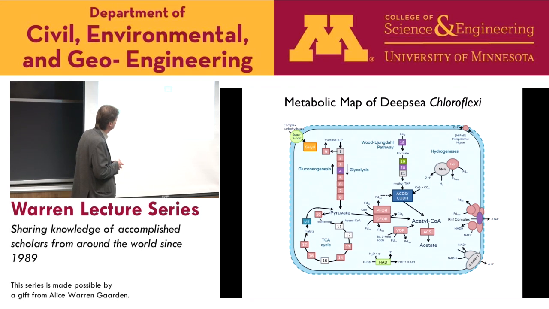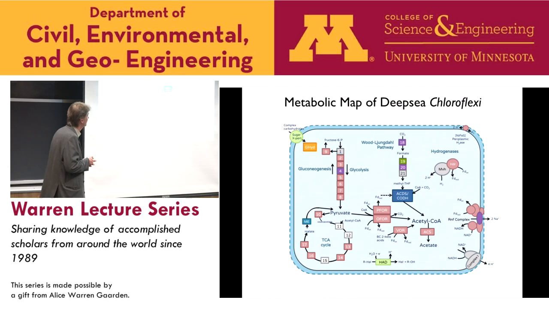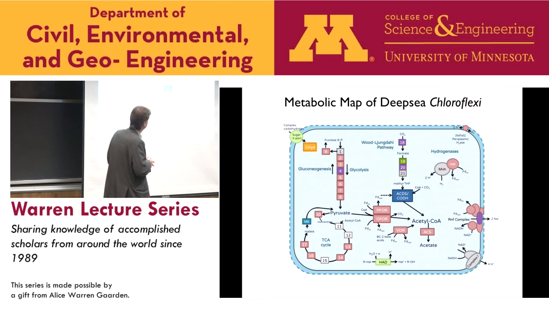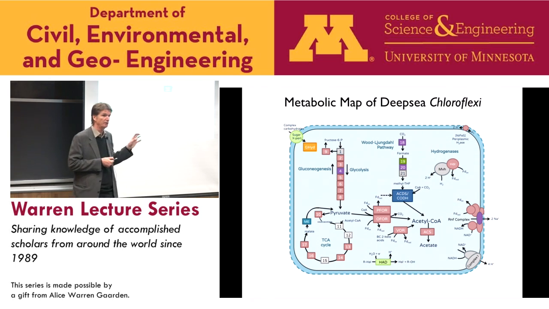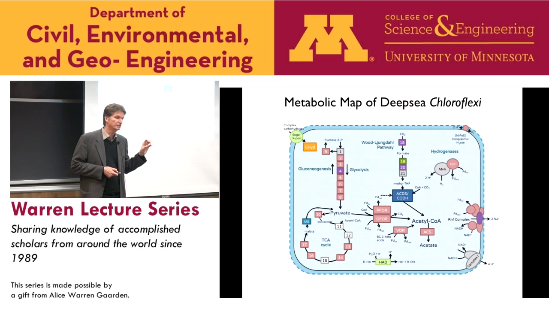This energy is conserved to pump sodium across the cytoplasmic membrane. We find this RNF complex in these cells. That's the only mechanism that we find for energy conservation. And we find specifically the C subunit, which is this subunit here, which maps most closely to those RNF complexes that we find in homoacetogenic bacteria.